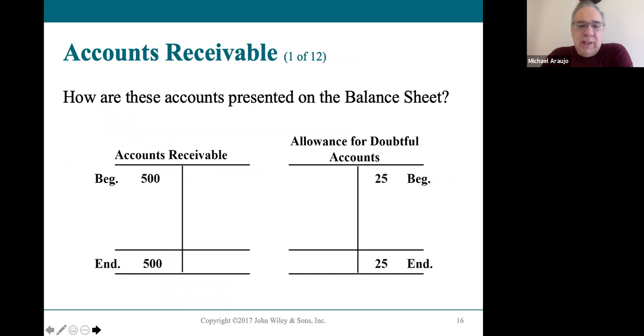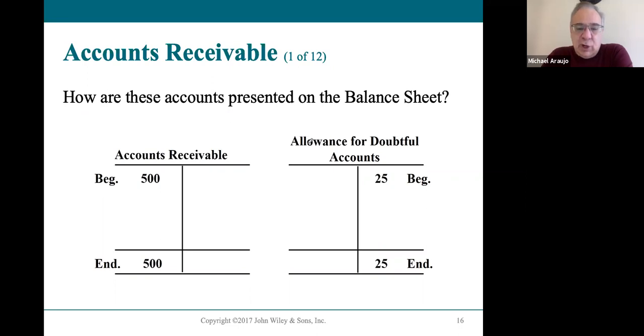What you usually see on the balance sheet is accounts receivable as the asset. It's a current asset account. What we actually have to create right next to it is another contra asset account called the allowance for doubtful accounts. It's a real account. It's sort of like that accumulated depreciation account for equipment, which comes right after the equipment account on the balance sheet.